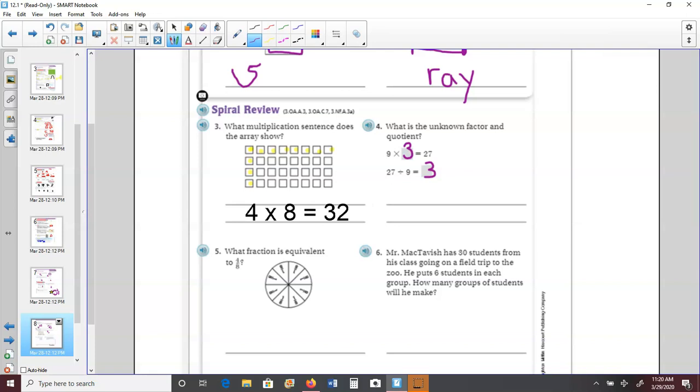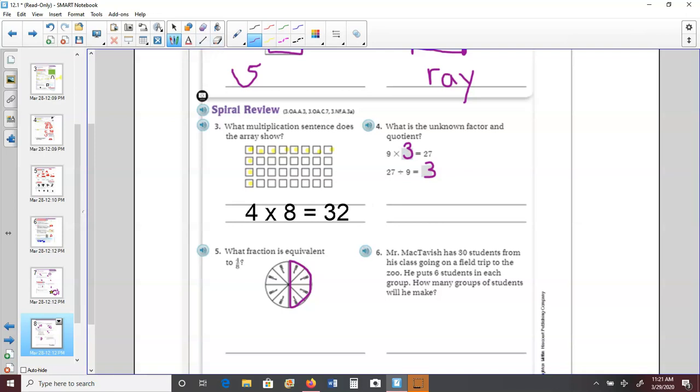Number 5, what fraction is equivalent to 4/8? It's kind of hard to see the fractions on my paper here, but if you look in your book as I'm looking in mine, I can see, oh, these are all eighths. So then 4/8 would be half of my circle, right? When I highlighted 4/8, now I have 4 over here, and then I have 4 on the other side.